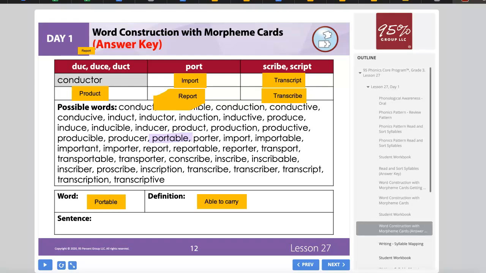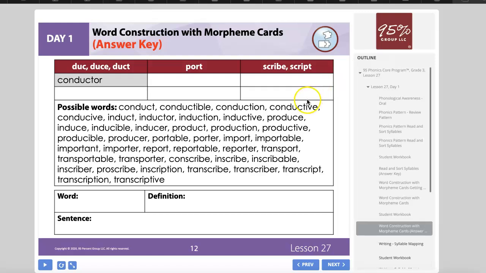Miss Franklin's sentence is going to be, I used a portable charger to charge my phone. If the charger is portable, that means that it is able to be what? Carried. Great job. So let's go to the next page.